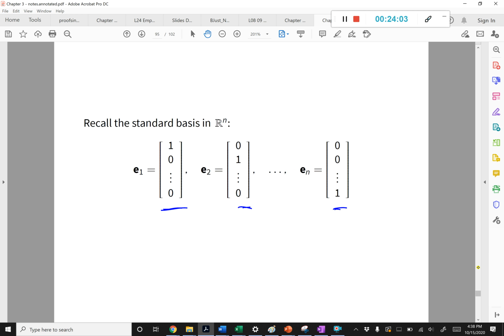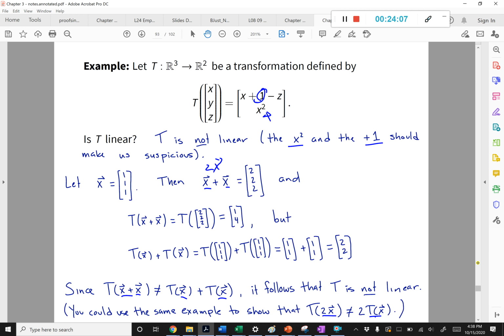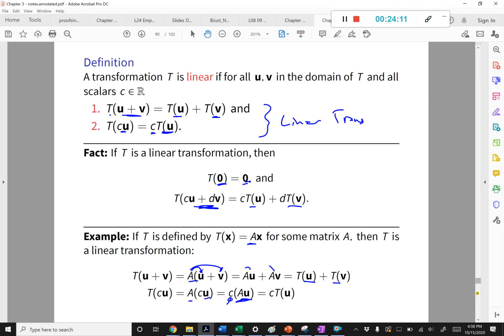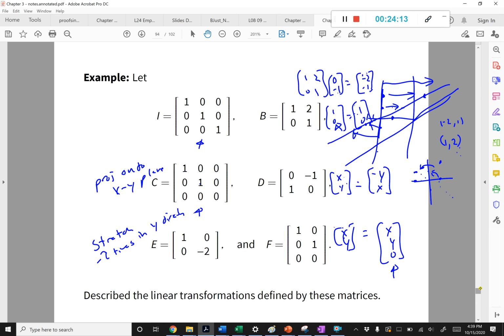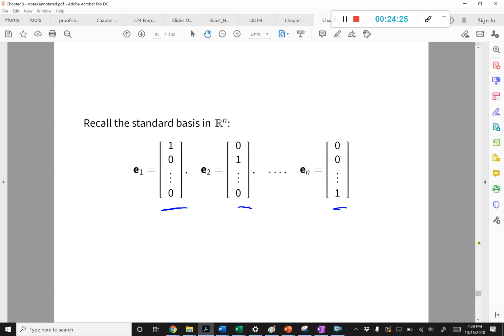So if we went back here, where did we do one of these things? Yeah, there's some space here, let me write this down.